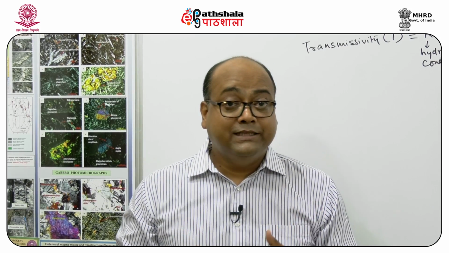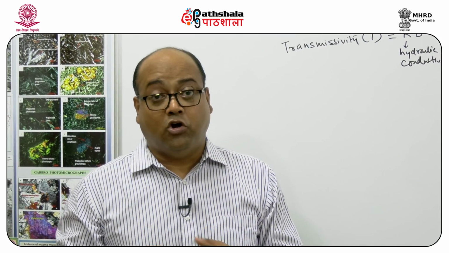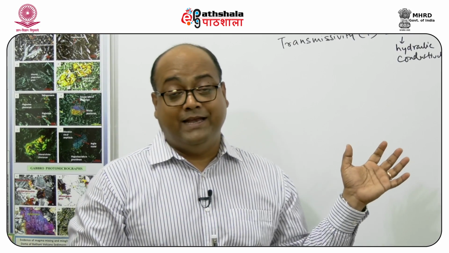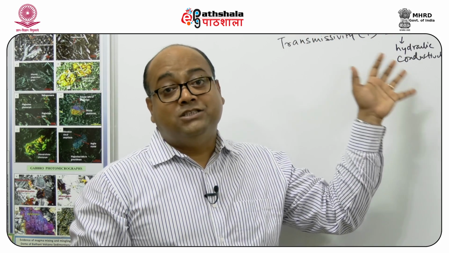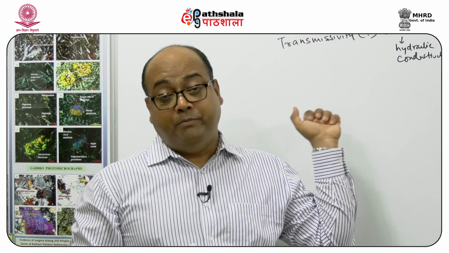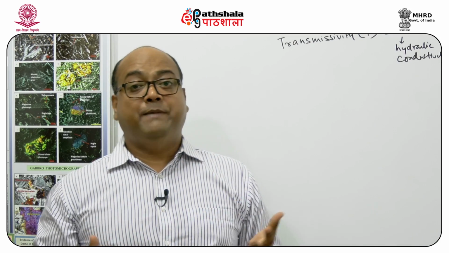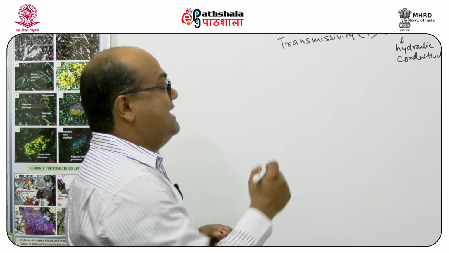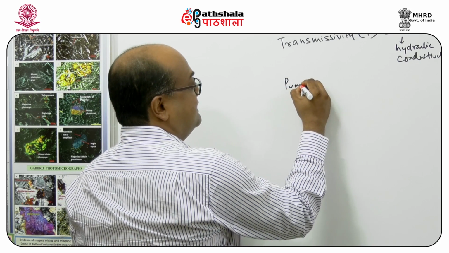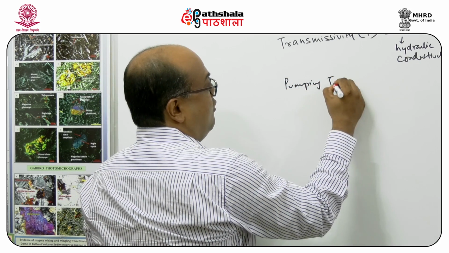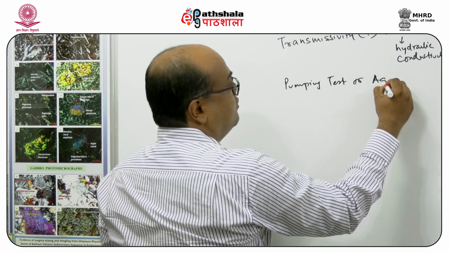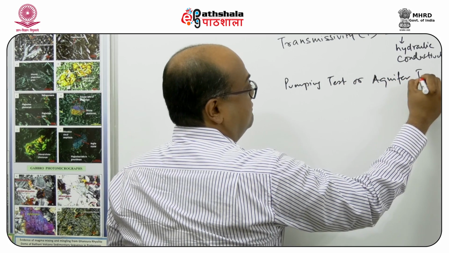So these are two key properties which are very much required for any kind of hydrogeologic investigation. Now the question is, how are the hydraulic head measurements, or the differences in the hydraulic head measurements, which we define as drawdown, used to get estimates of these two properties? It is done through a field experiment known as a pumping test, or sometimes an aquifer test.